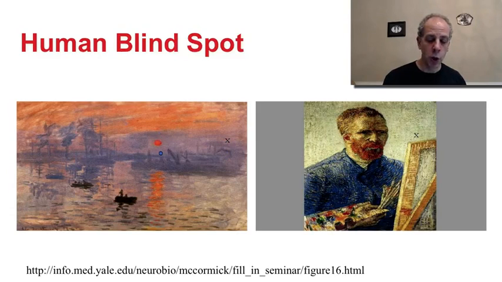After a while, you will see that the sun disappears. So you're forcing your system to not inpaint the region where there are no receptors. If you don't fixate, you see the sun with no problem. The exercise is to try to stop the visual system from doing inpainting.